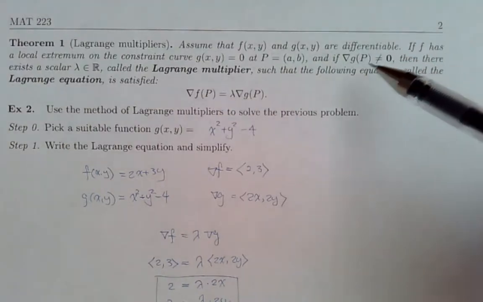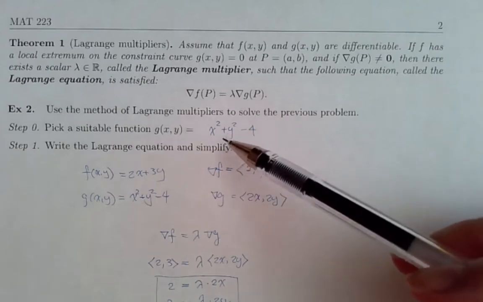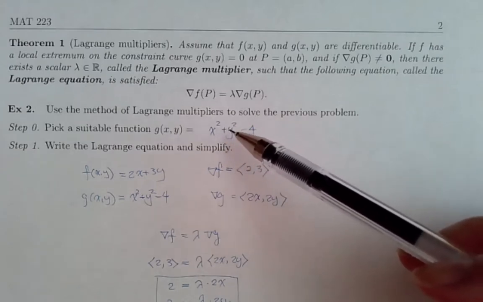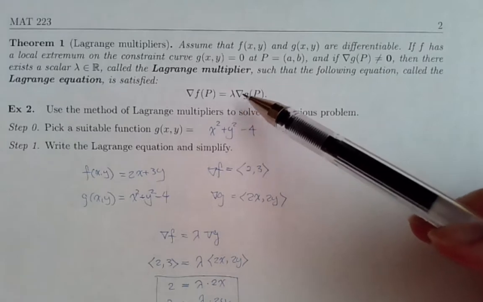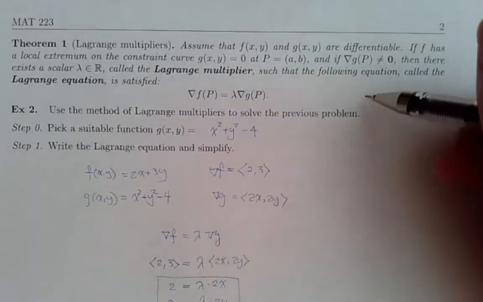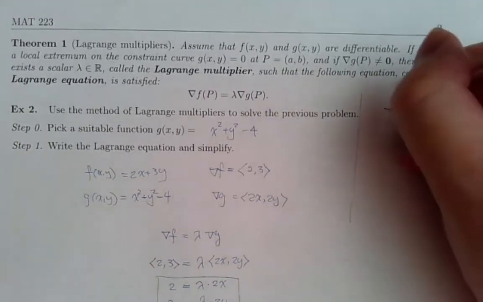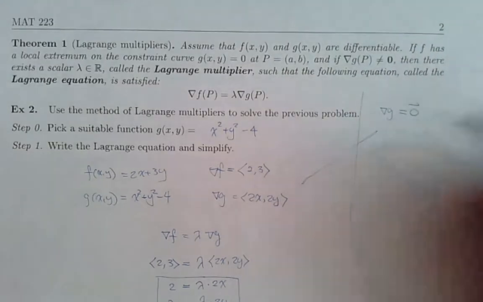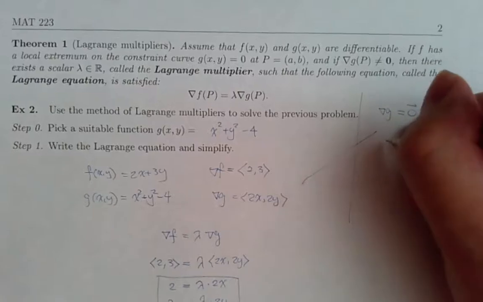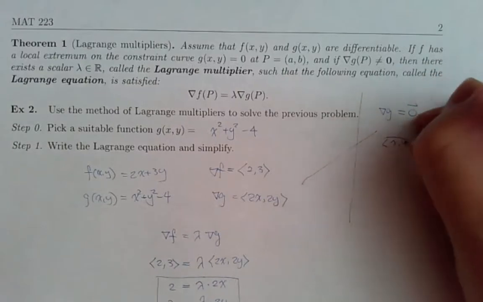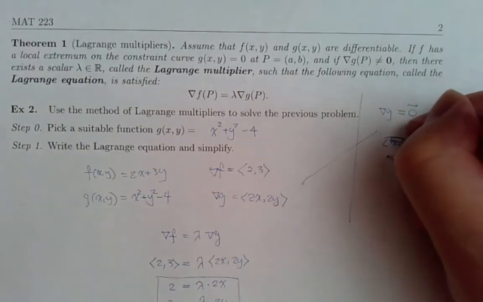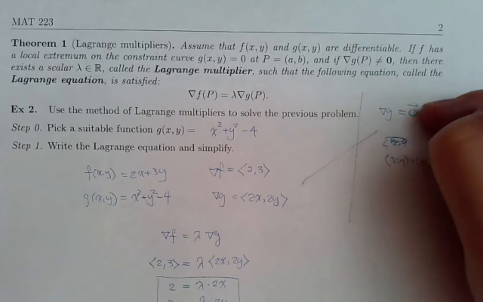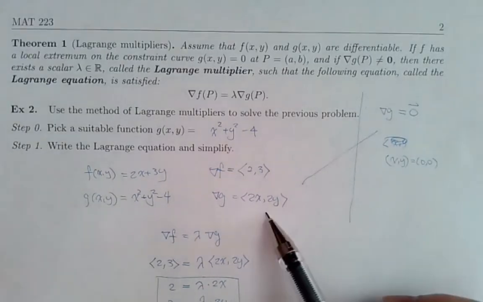Could it be 0? Well, the gradient is 2x, 2y, so if gradient of g is equal to 0, that means x, y is 0, 0. That's the only place where the gradient is 0.